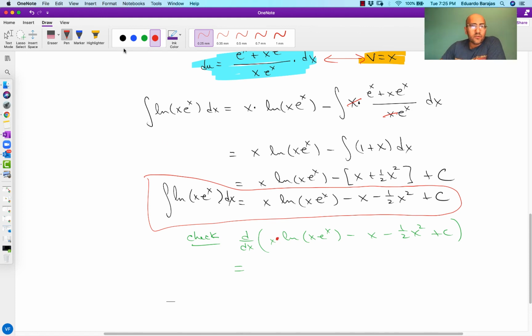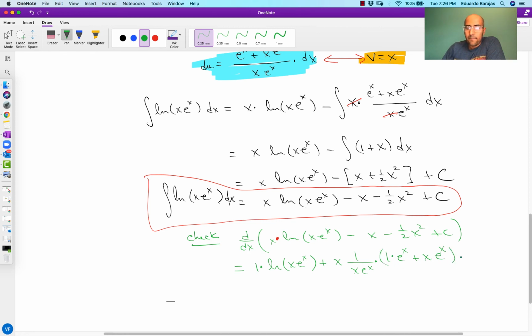The derivative of x is just going to be 1 times this guy, ln of x e to the x, plus, now leave the x alone, and the derivative of this is going to be 1 over x e to the x, times, the chain rule says I have to figure out the derivative of the inside part. That will be 1 times e to the x plus x e to the x.